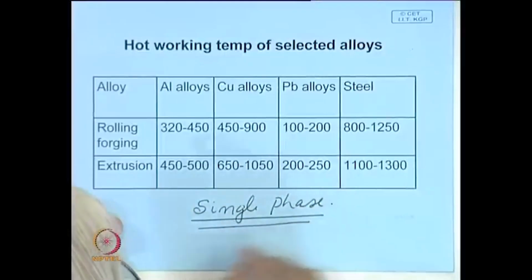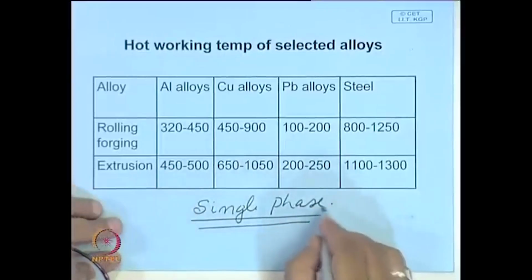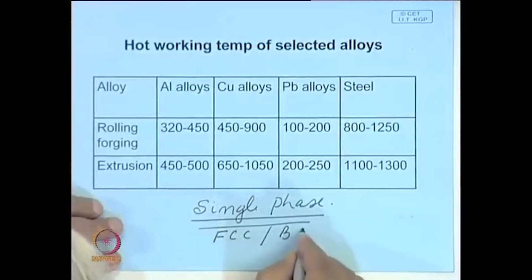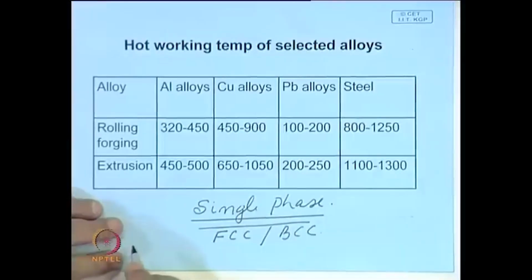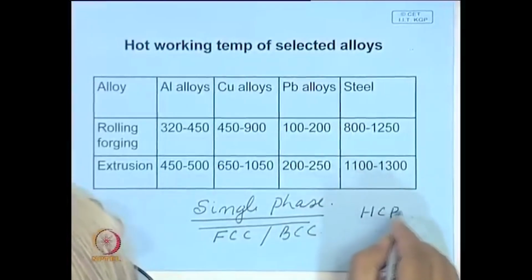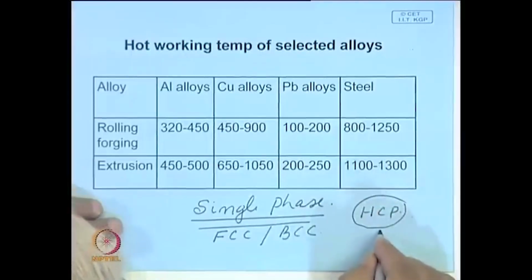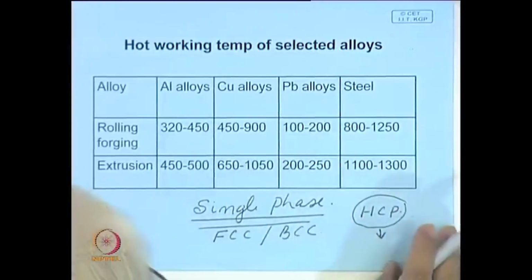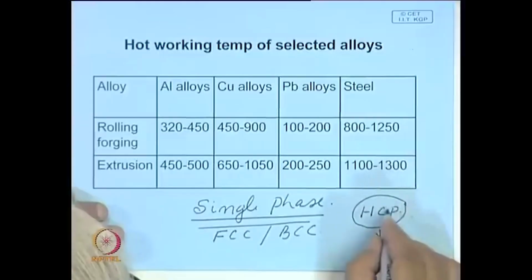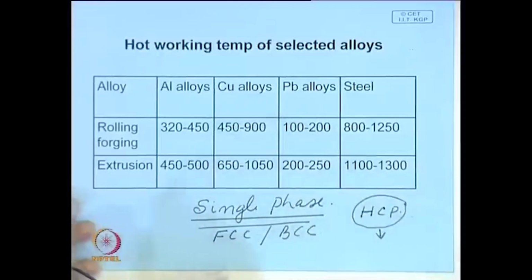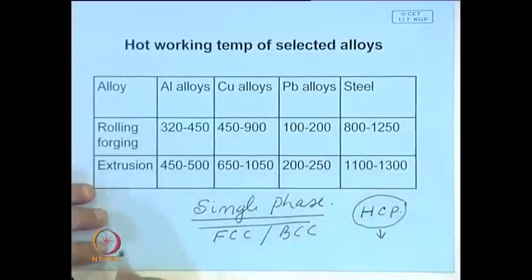Secondly, this phase must have favorable crystal structure, say like face centered cubic, BCC crystal structure, they are easy to deform. Hexagonal close pack, say ideal hexagonal close pack structure, they are difficult to deform, they do not have enough number of slip systems or enough number of mechanisms by which deformation or shear can take place in the metal. So, they are difficult to deform.